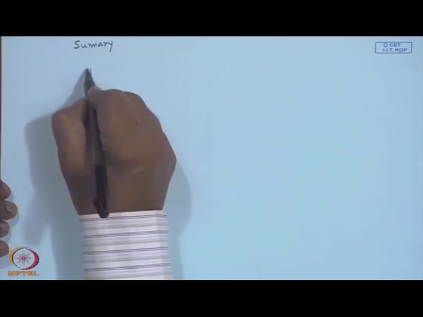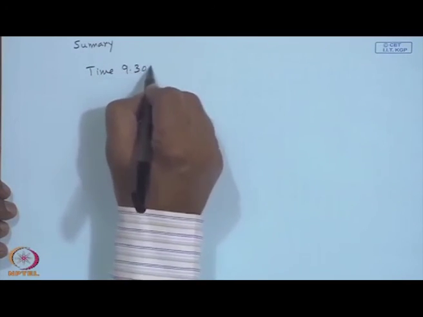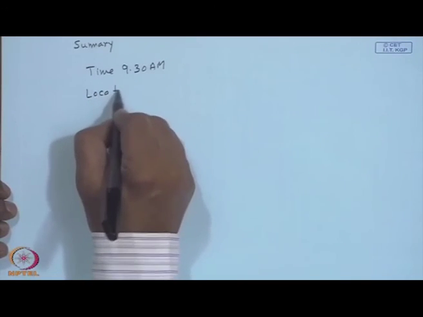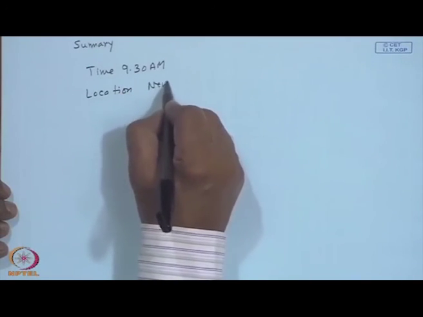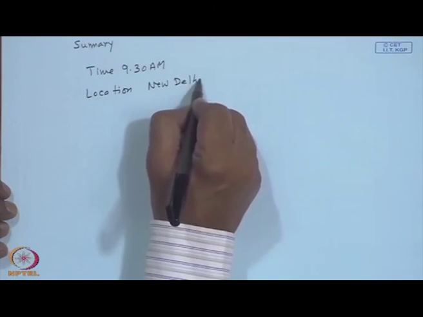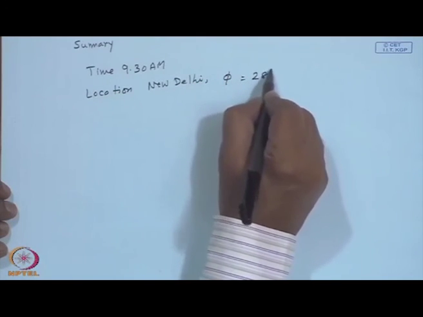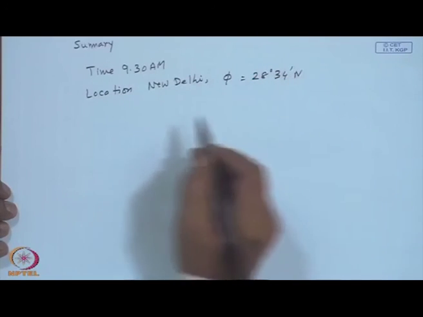The time is 9:30 a.m. and location New Delhi. Latitude 28 degrees 34 minutes north.